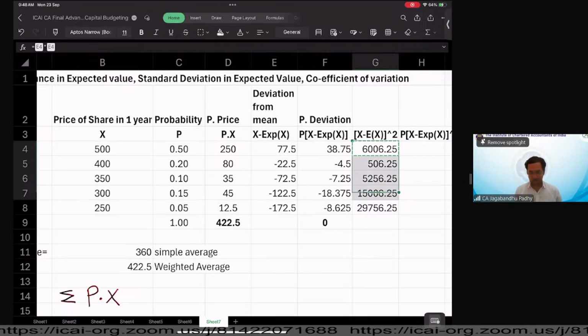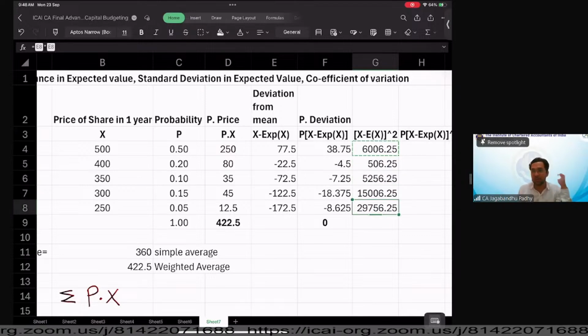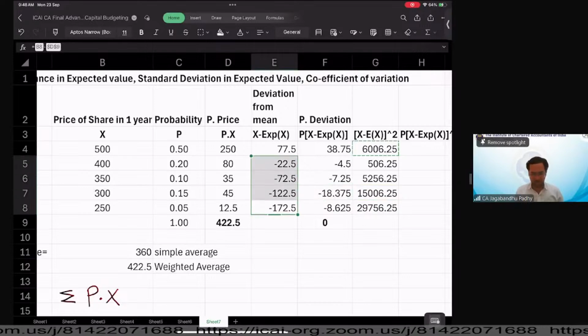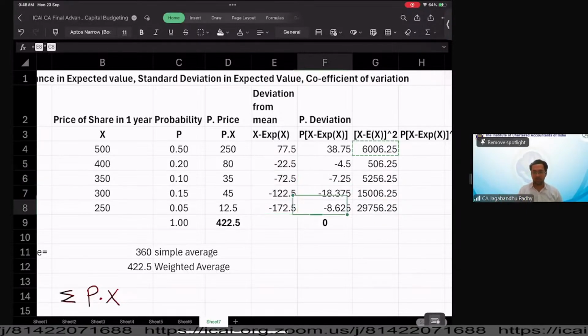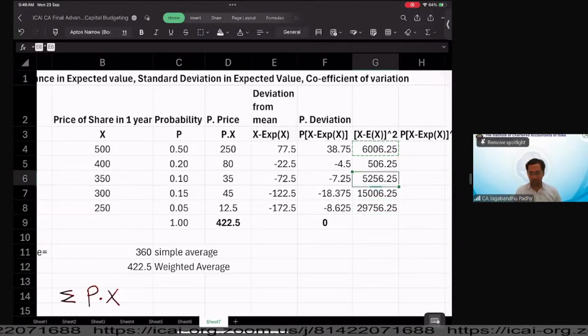Can we say the magnified deviation has become fully positive now? Because of the negative aspects, we were getting the total as 0. So we are going to remove the negativity by simply squaring. By simply squaring them, we get rid of that negative sign.